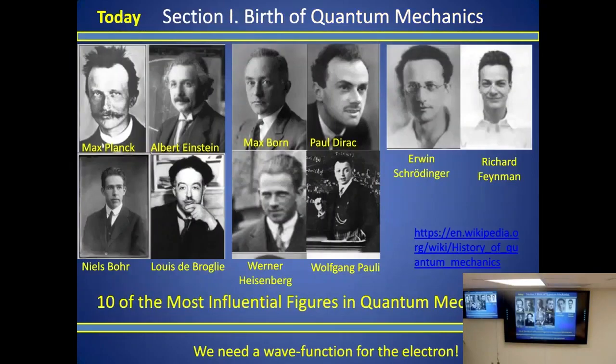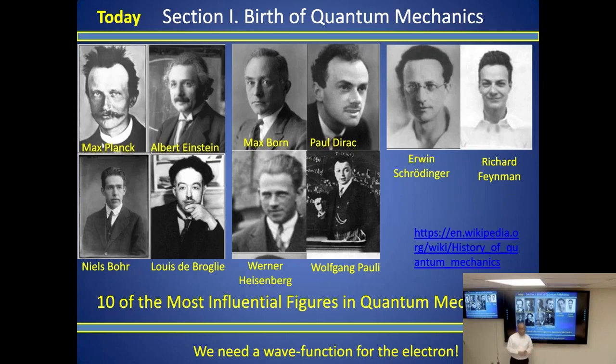So, today, birth of quantum mechanics. At least 10 influential figures. It may not give the whole history, but at least this is historical. So you will hear us talk about the Born interpretation, which is the statistical interpretation. Most of these guys lived or did their work between 1900, when Planck made that hypothesis, and 1927, when we had concluded with the Schrödinger equation of 1926.